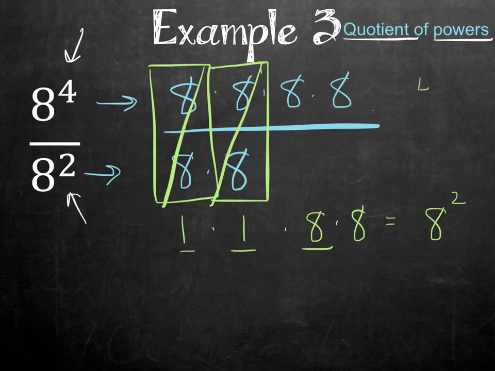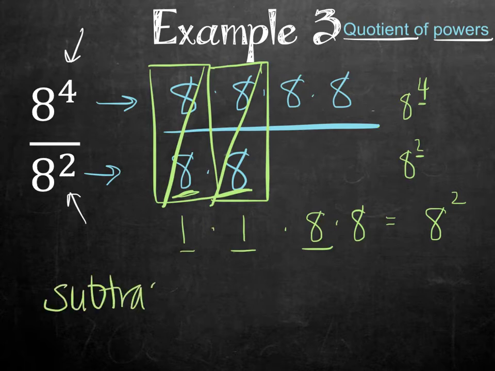So the shortcut here, I want you to look at what we did. I started with 4 up here, and I divided by 2 down here. Well, what I really did was I took away these 2 factors because they canceled out. They divided out as a common factor and went away. They disappeared because they divided to make 1. So the shortcut here, when I'm dividing numbers that have the same base, is that I can actually subtract the exponents.